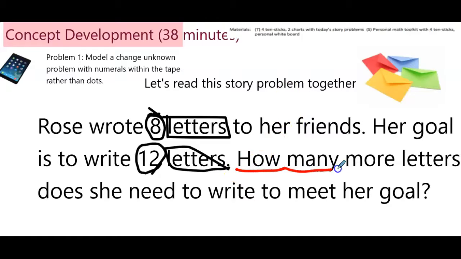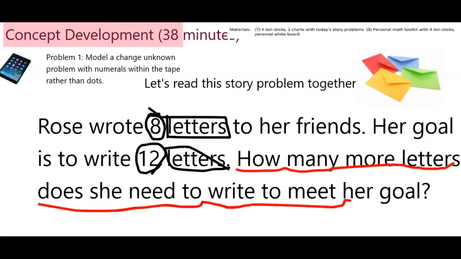Now, some of you guys might recognize that this is similar to the cubes method, and it is, but I just pull parts of it out because I think first graders especially just need that extra kind of visual support when they're doing this, because word problems are really hard. So here's our question. How many more letters does she need to write?